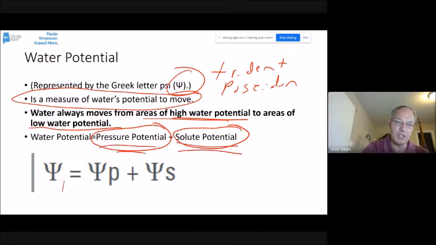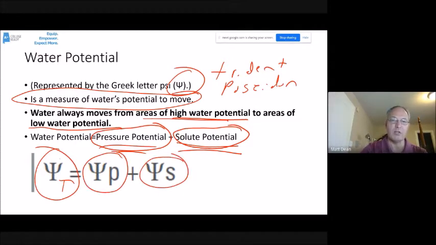Oftentimes we'll see this psi have a T on it. That means the total water potential is equal to the pressure component of the potential plus the solute component of the potential. This formula is on your AP Biology formula sheet. So it's one that you need to know how to use and expect to see it on the AP exam.